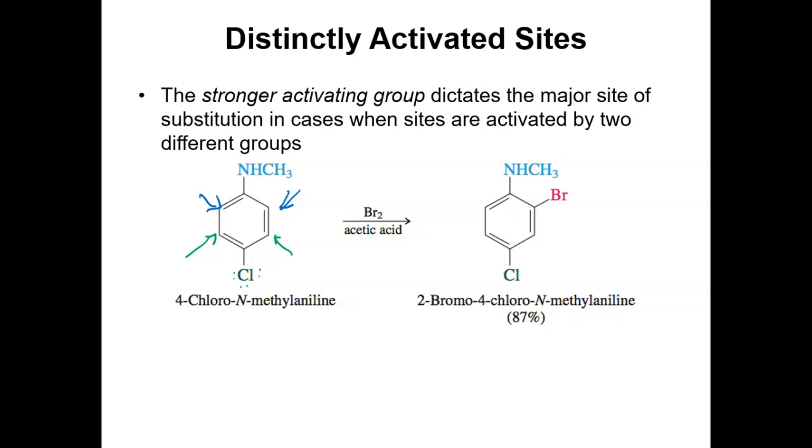So which one is the more powerful activating group, the chlorine or the nitrogen-based group? The nitrogen one, because the nitrogen-based group is the most powerful activating group. Chlorine is actually not activating. So yeah, this guy wins. The electrophile will go to one of the two blue sites.